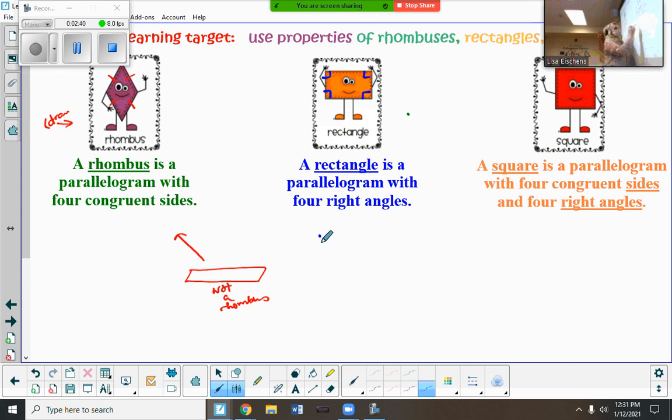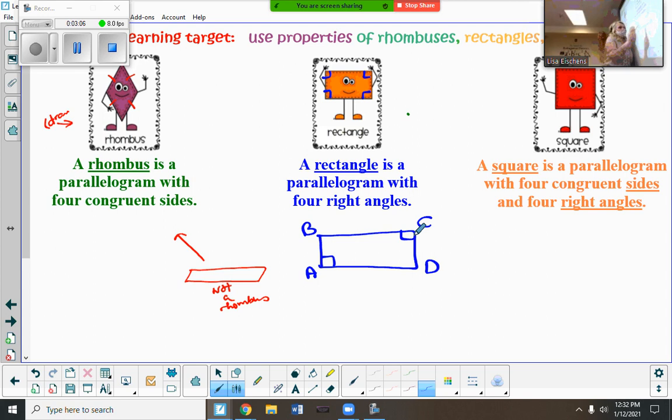So guys, here's the thing. Let's say that you are told that you have a parallelogram, and you're given that this angle, I'm going to call it A, is a right angle. Well, because it's a parallelogram, opposite angles are congruent.